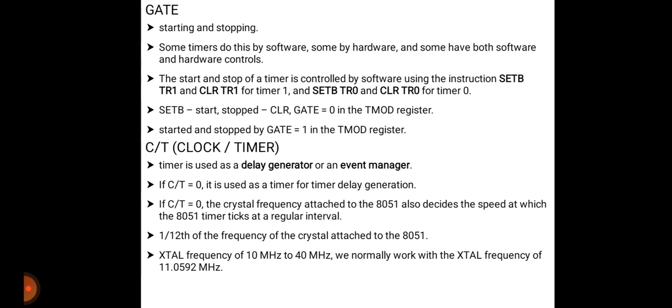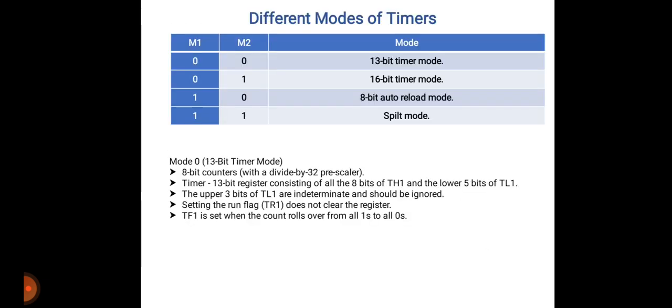This is the common frequency we use, because the baud rate of the serial communication of the 8051 microcontroller works with XTAL equal to 11.0592 megahertz. It allows the 8051 controller to communicate with the PC with no errors. So this is clock and gate.